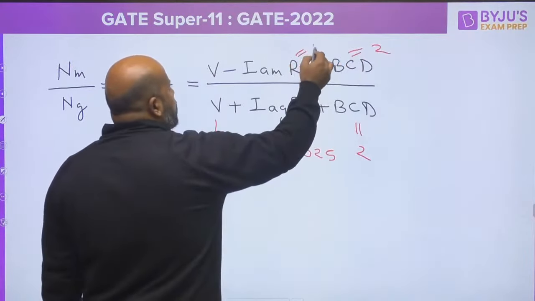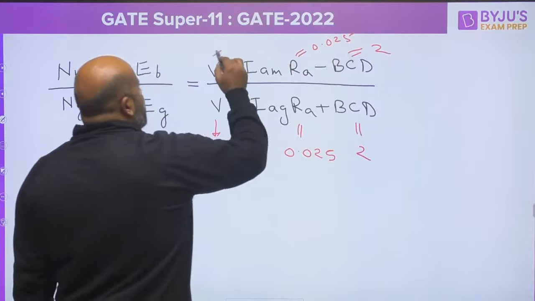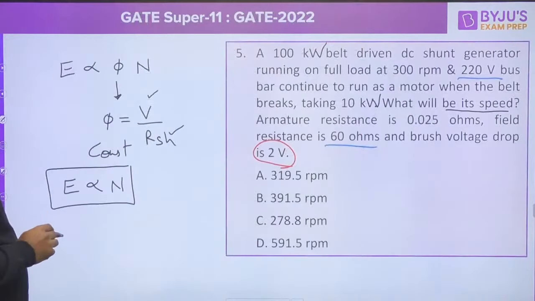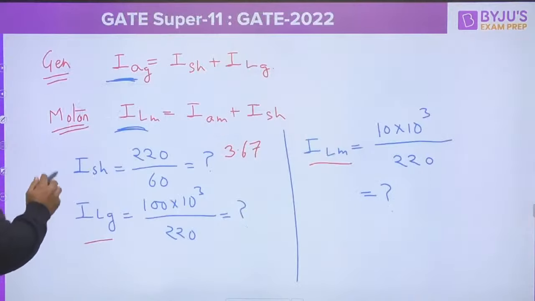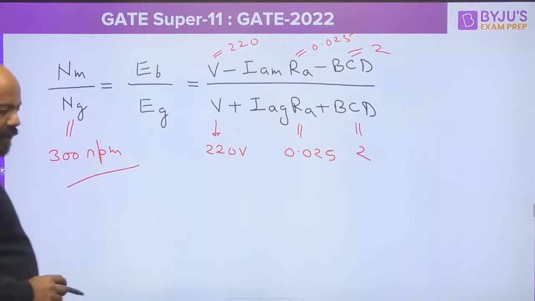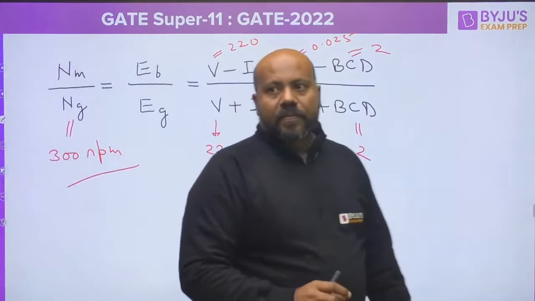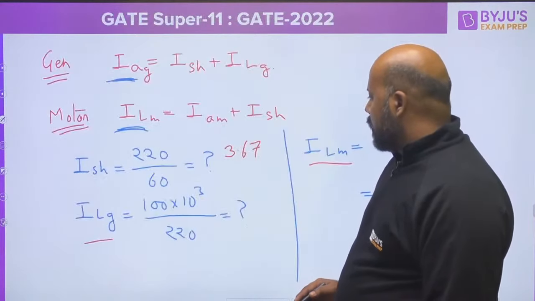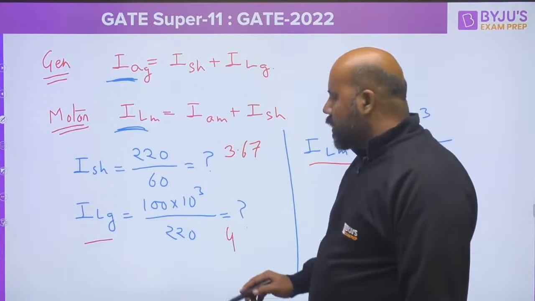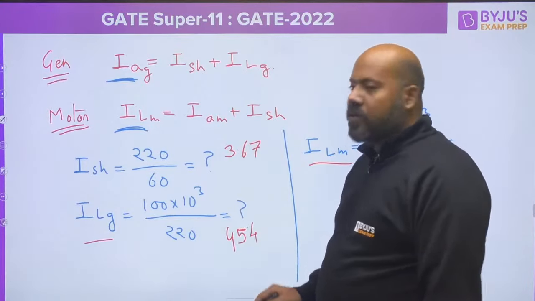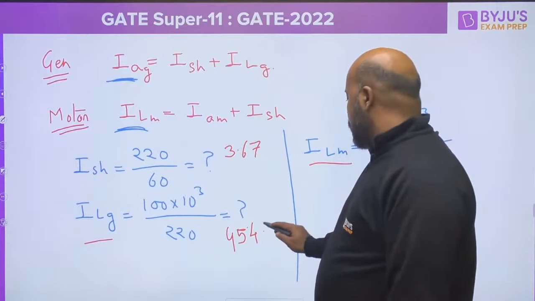Can you solve this now? 0.025, terminal voltage is 220, and in case of generator the motor speed is given as 300 rpm. Is it clear for everybody? Sopan, okay. Other candidates also please confirm. Sopan is giving the load current for the case of generator as 454.54.